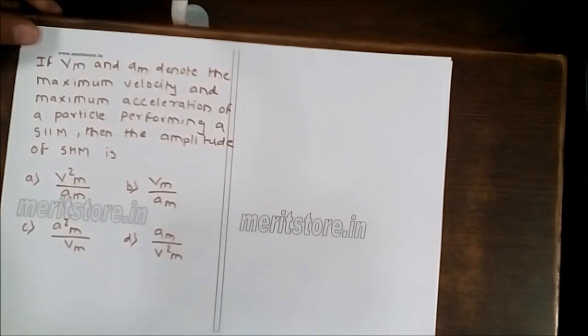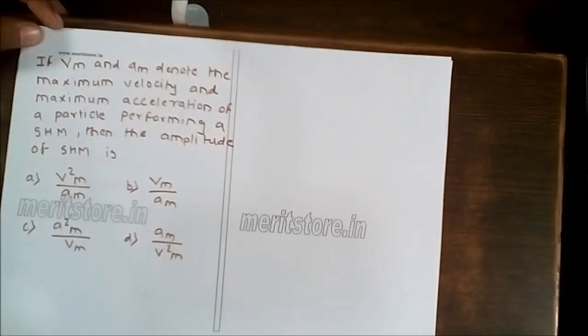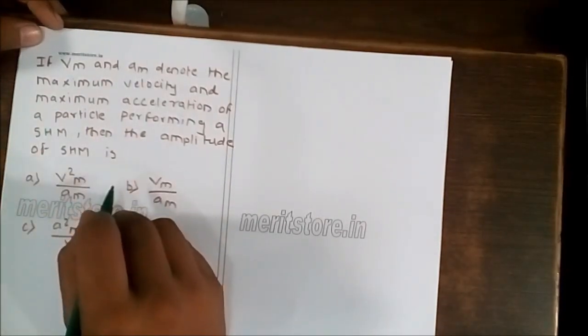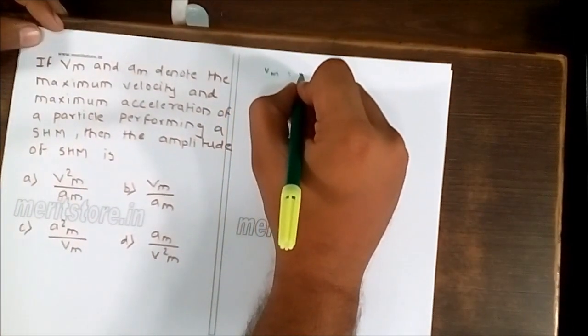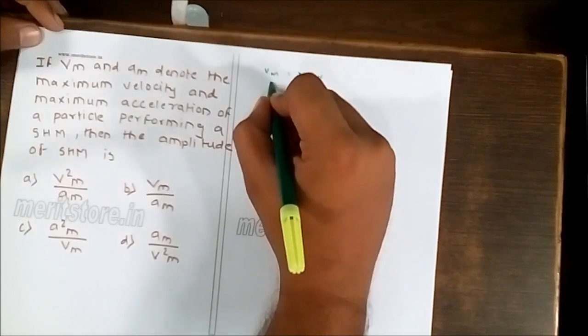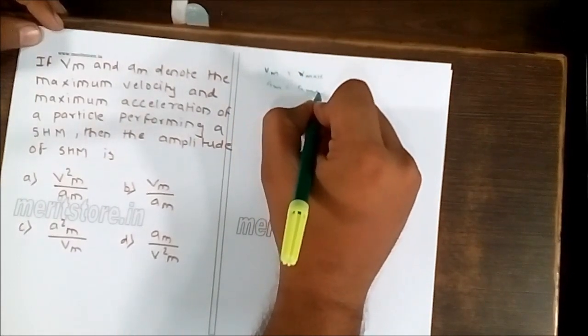If Vm and Am denote the maximum velocity and maximum acceleration of a particle performing SHM, then the amplitude of SHM is... Okay, so Vm is Vmax and Am is Amax.